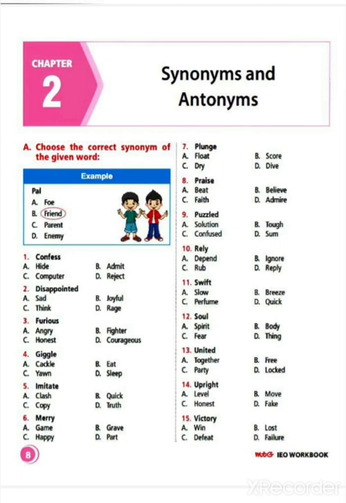Next, we come to the exercise, and we will solve one by one. Number 1, the word is confess, and your options are hide, admit, computer, reject. So confess means to say something which you have felt but were not able to say. Finally you gathered the courage and you confess. It can be confessing your feelings, it can be confessing your mistake.